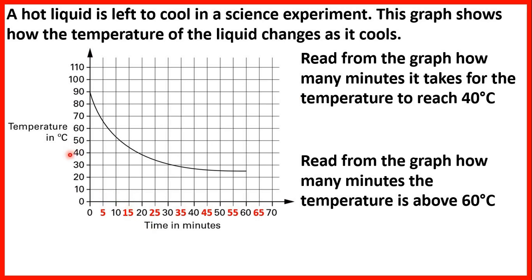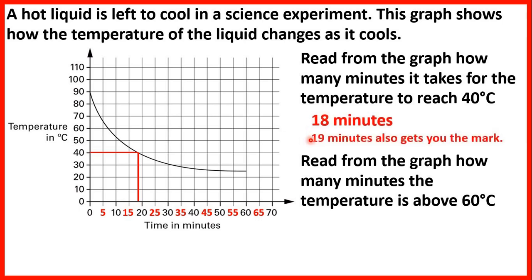So what we can do is find 40 degrees, draw a line across, and then a line straight down from the point where it hits our line graph. Now we can see that that point is between 15 and 20 minutes, but it's closer to 20 than it is to 15. So I would estimate 18 minutes, but 19 minutes also gets you the mark.